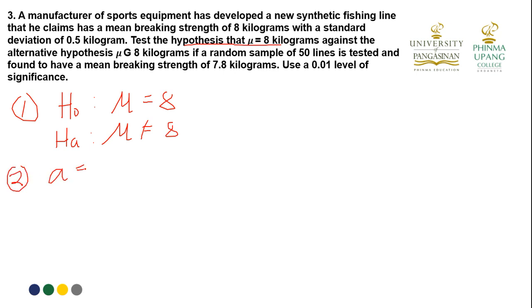The level of significance alpha is 0.01. And since the HA is not equal, meaning to say that it is two-tailed. There's no direction. Two-tailed po tayo. Since not equal siya, non-directional. ND stands for non-directional.